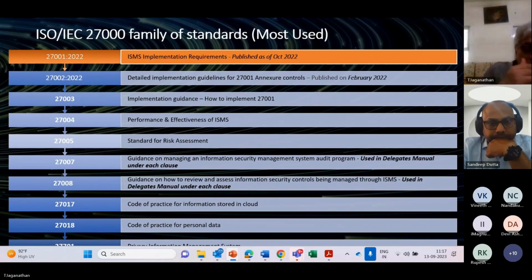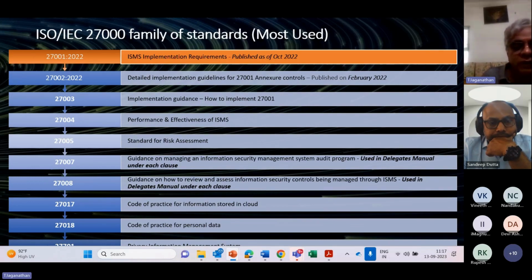27017 is not a certifiable standard, though some certification bodies do 27001 plus 27017 or 18. They also include 17 and 18. It is not independently certifiable. Only a requirement standard is certifiable.